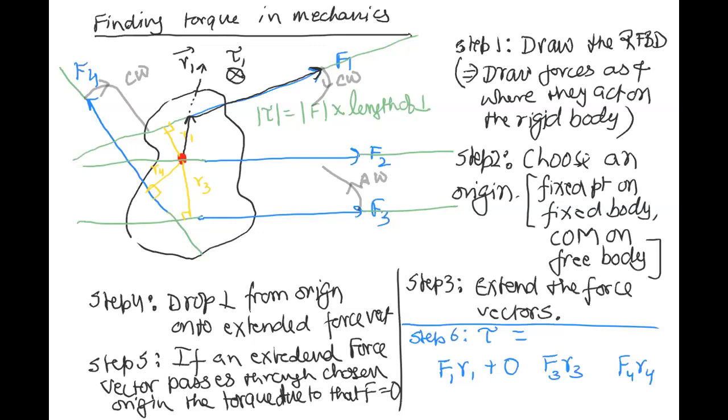Anti-clockwise torque is out of the plane. But you can always say, "No, out of the plane, I will not say it is positive z-axis, I will say it is negative z-axis." Just like in gravity, we could say that the downward direction is positive and the upward direction is negative. So after making that choice, you can complete step 6.